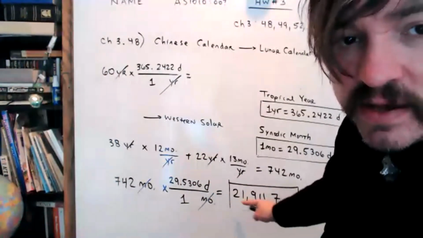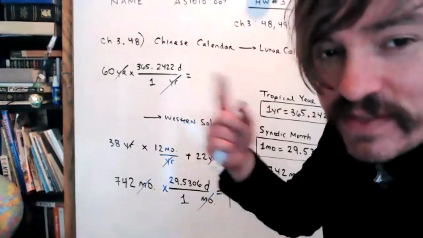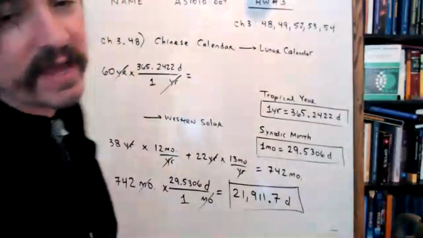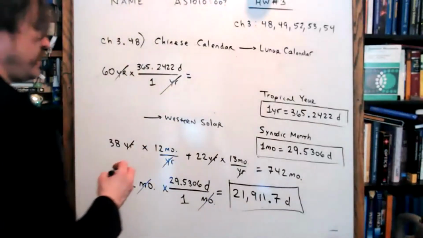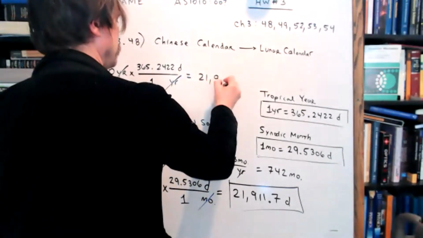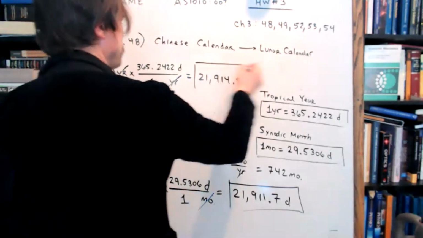Since I'm ultimately going to compare it to a number with 6 sig figs, the 7th digit isn't going to be helpful because it won't be meaningful to compare. So what do you get to 6 sig figs? I got 21,914.5. And the units are days, right?